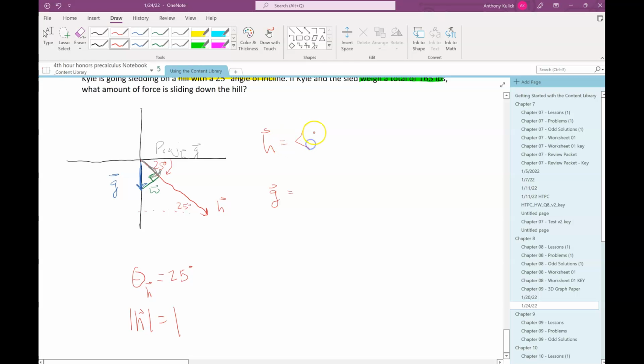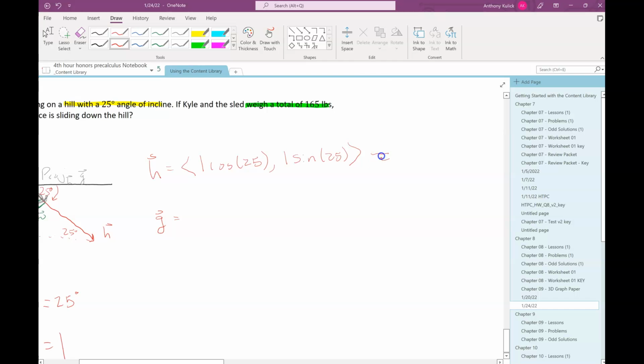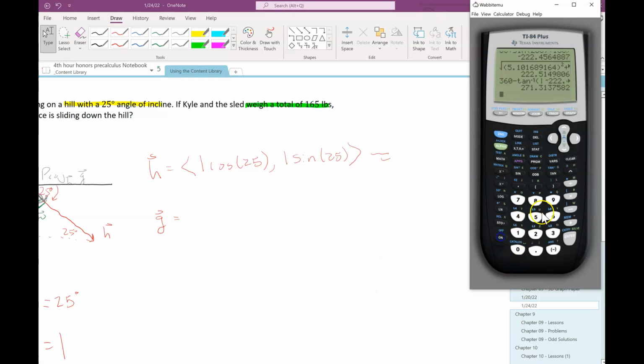So if I do that, I can resolve this into component form by doing magnitude times cosine of the direction, and then magnitude times sine of the direction. So 0.906 and 0.423.